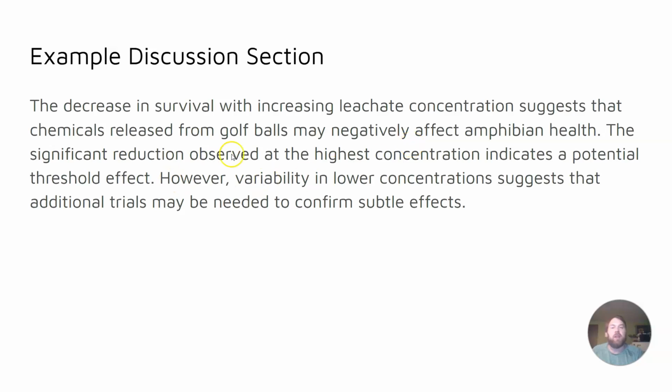A threshold effect means that there is some level where this caps off, that there is no more growth in the amount of reduction for concentration, that there is a specific amount that the concentration has an effect, and as concentration increases from there, it won't change anything else.